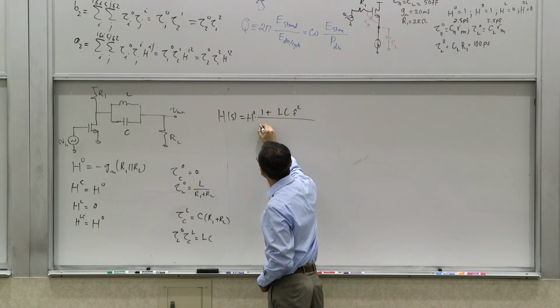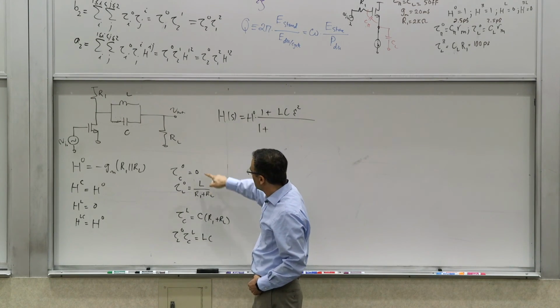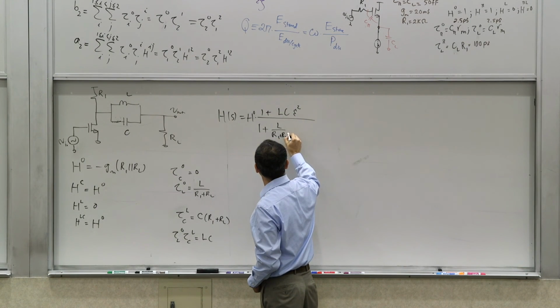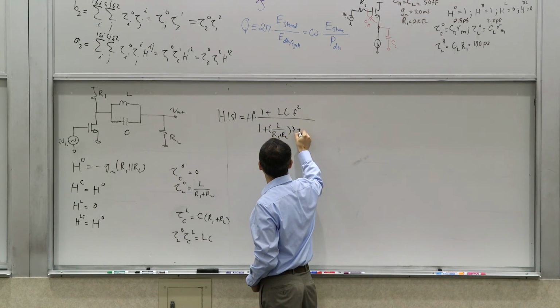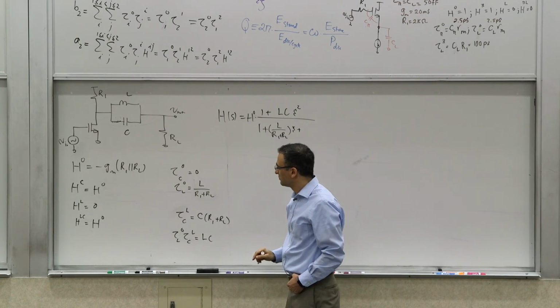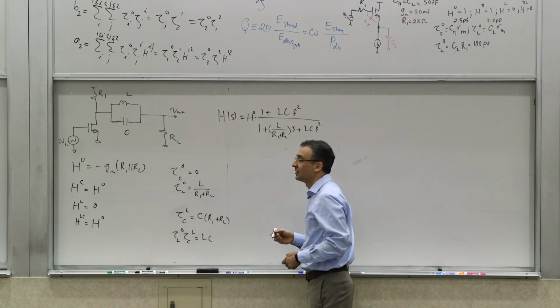And in the denominator, what do I get? We get 1 plus B1, which is the sum of these two, which is L over R1 plus RL S, plus this guy times S squared, plus LC S squared.